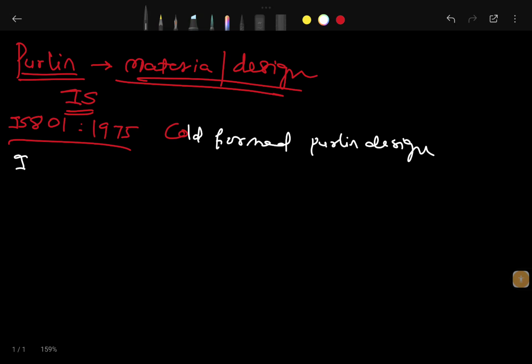Second, IS 800, 2007. This is for steel design, general construction in steel.